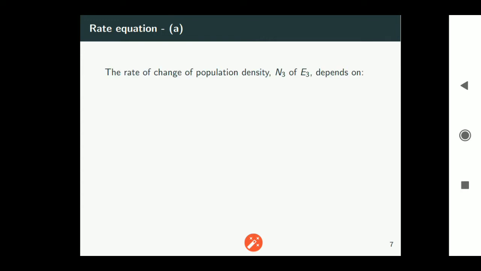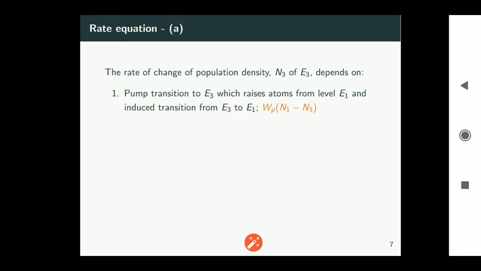So the rate of change of population N3 of E3 basically depends on the radiation density which is incident on the system, and also on the number of particles in N1 and N3 in energy levels E1 and E3 respectively. So the pump transition to E3, which raises atoms from level E1, and the induced transition from E3 to E1 is given by the expression Wp into (N1 minus N3).